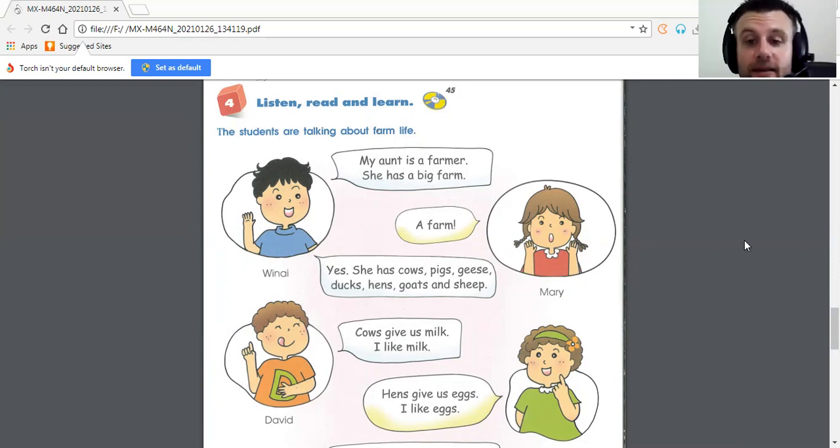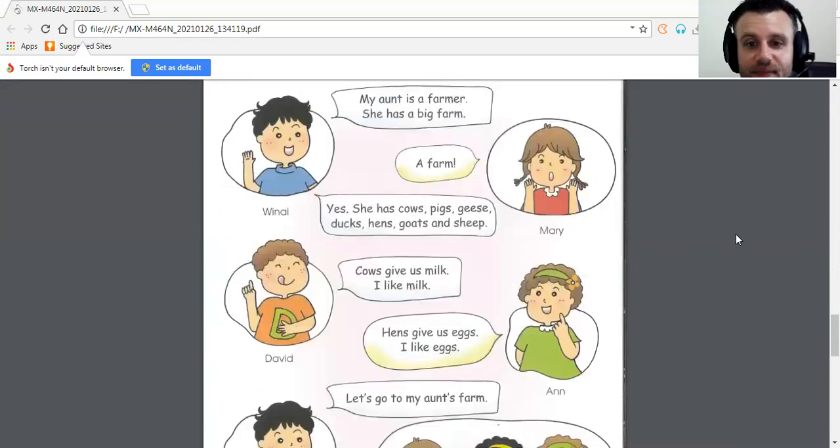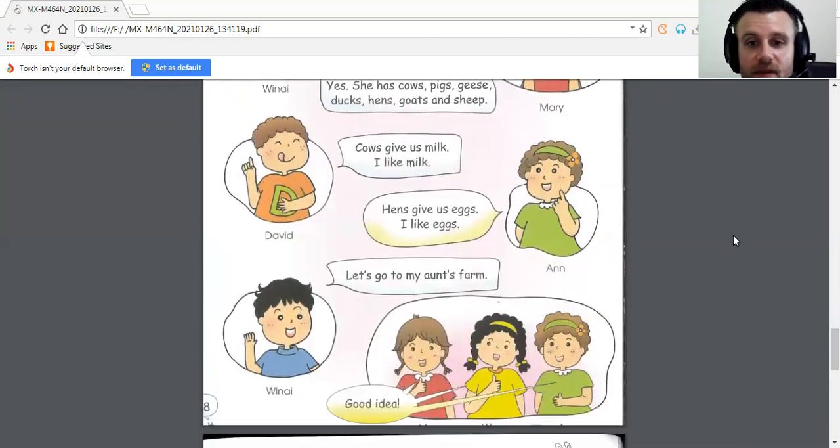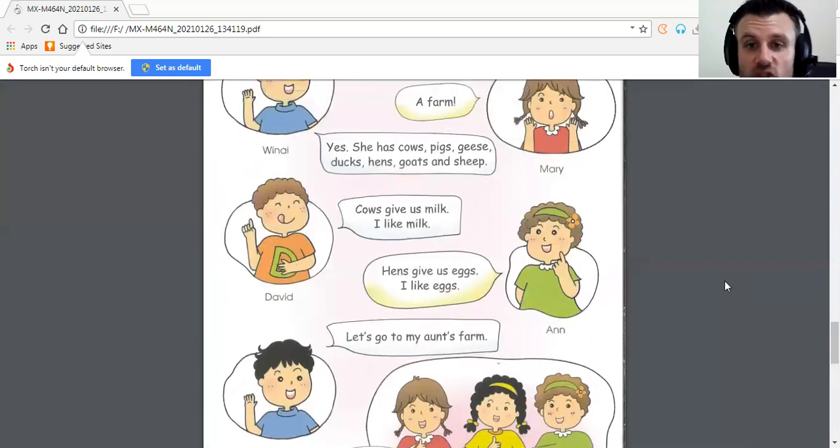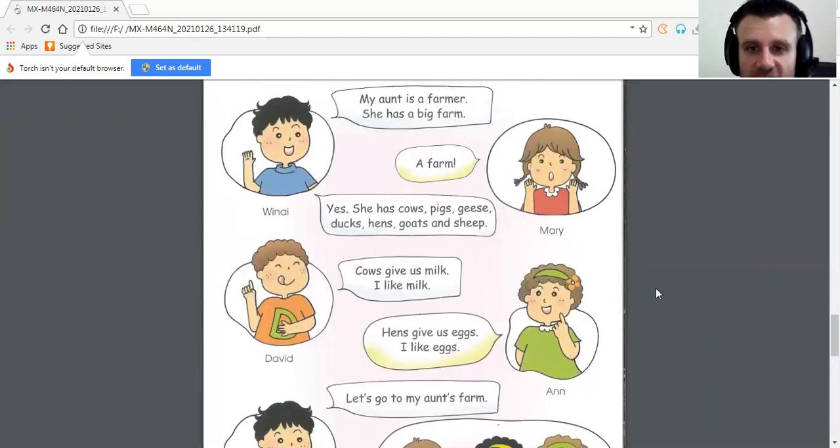I like milk. Hens give us eggs. I like eggs. So let's go to my aunt's farm. Good idea. Try to read that slowly and check it. Cows give us milk, hens give us eggs.